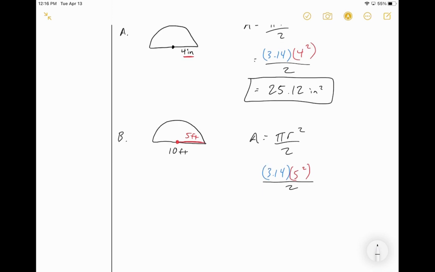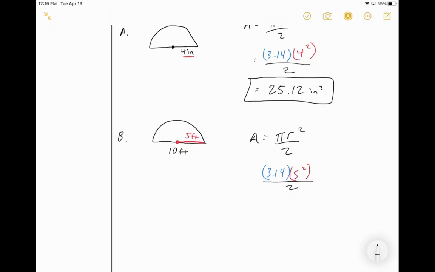Does that make sense? Go ahead and plug that into your calculators. 3.14 times 5 times 5, or 5 squared if you know how to use the squared button on your calculator. And you should end up with 39.25 feet squared.